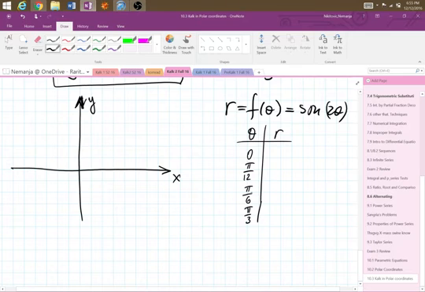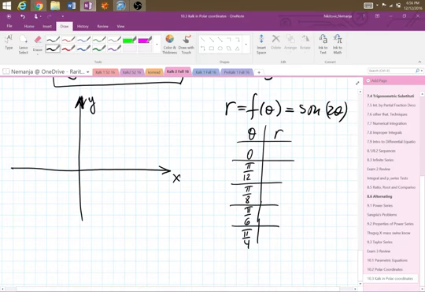Yeah, pi over 12, that's pi over 6. And then pi over 8 will give me pi over 4. And then pi over 6 gives pi over 3, right? And what's the next one? Pi over 4 to give me pi over 2. Okay, let's say this is enough.